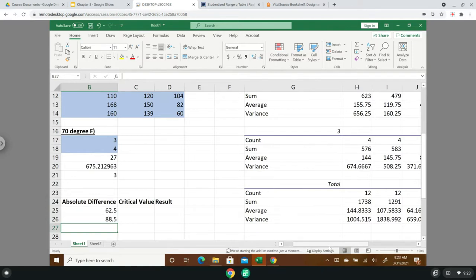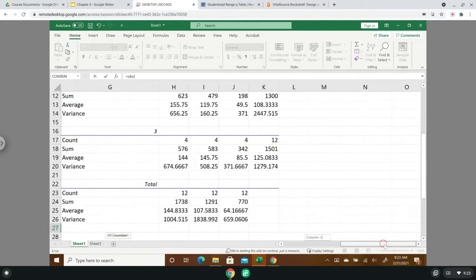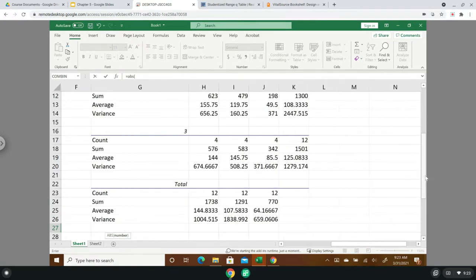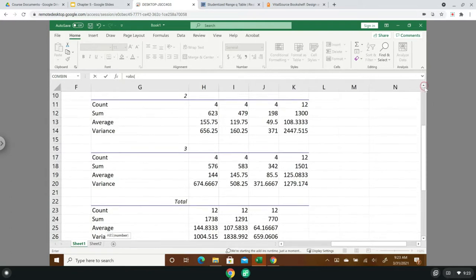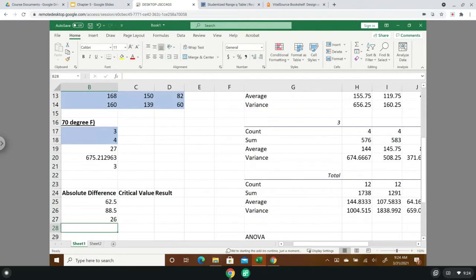And last is 2 versus 3, so absolute value of the difference between 2 and 3, mu2 minus mu3. So mu2 is this average, material plate 2 at 70 degree Fahrenheit column, average mu2 minus mu3, then close the parenthesis. So that's the absolute difference, right?